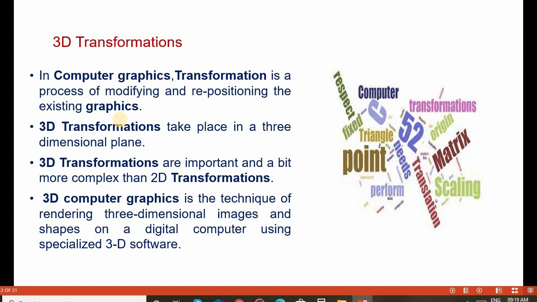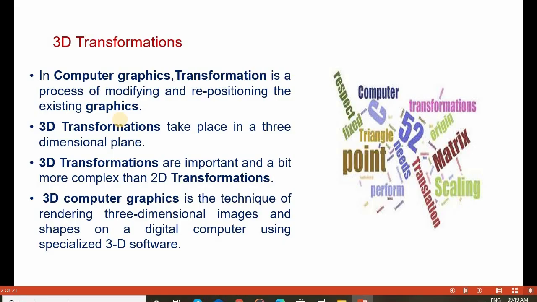The 3D transformation takes place in a three-dimensional plane, that's why it's called 3D transformation. 3D transformations are most important and a bit more complex than 2D transformations, because the entire object of the model can be viewed, so it is important for making the graphic image.